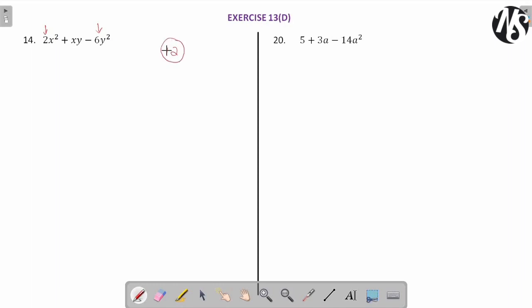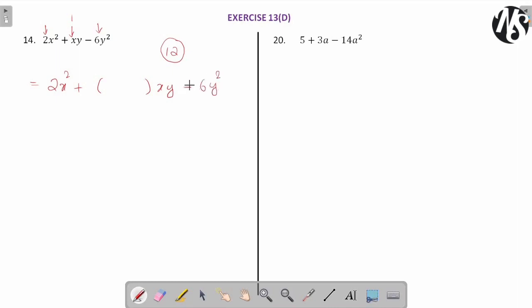So note this number. Now in the middle we don't have any number, right? If there is no number, remember there will always be the number 1. So we have 2x squared plus we will break this 1, the middle number. So we have xy minus we have 6y squared.